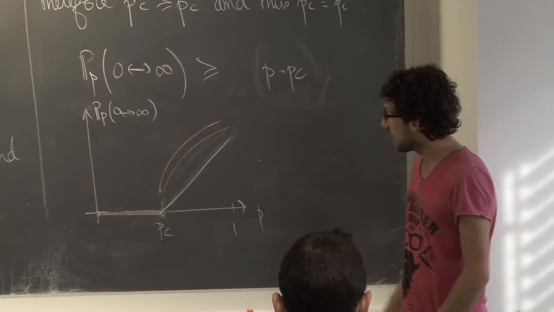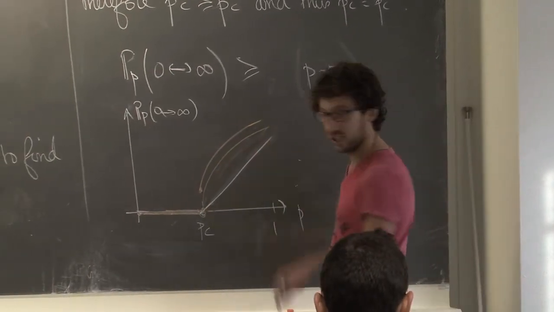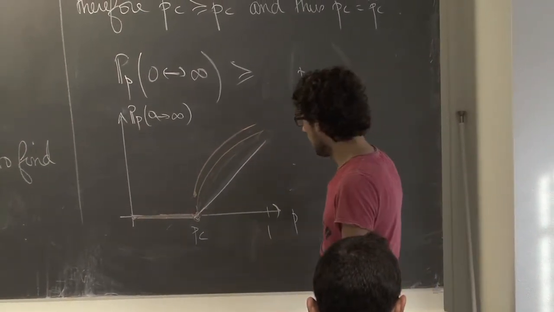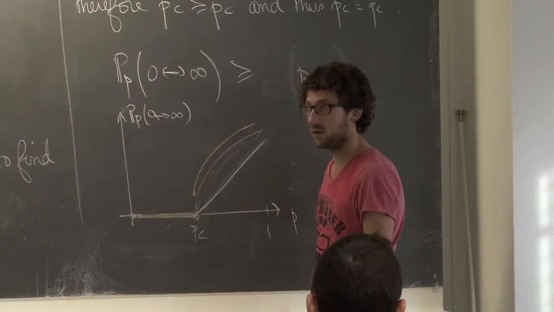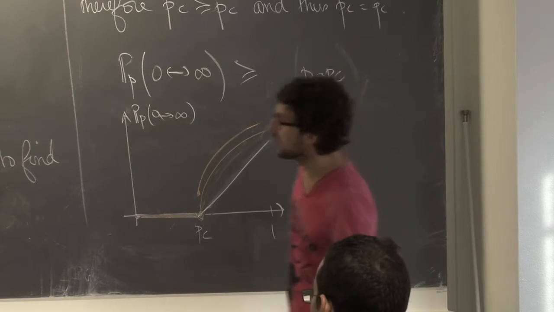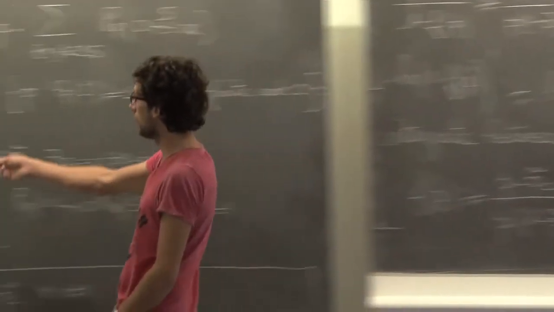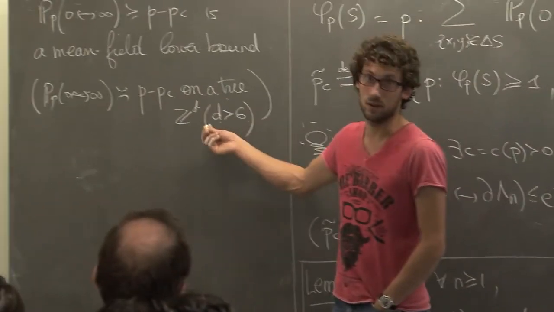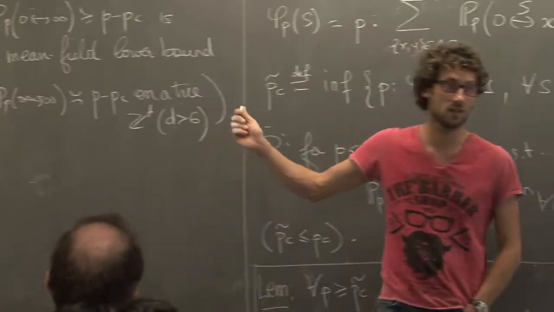Last thing I want to say: in 2D you will be able to prove this behavior, very nice for you. In 3D, 4D, 5D, and actually 6D and 7D, this is actually not proved up to 6, it's proved up to 11 now. It was proved up to 19 a few years back, but now it's 11.